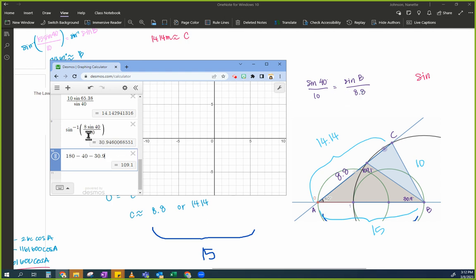I'm going to cheat, y'all. Instead of putting 8.8 here, I'm going to put 14.14, and I get my angle as 65.35. So this angle over here is 65.35 degrees.